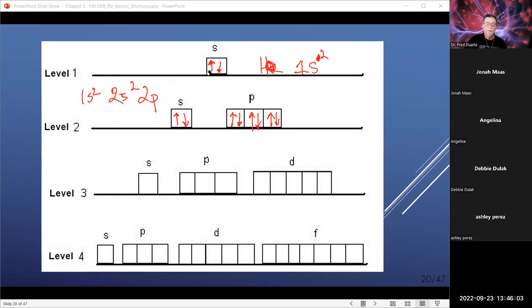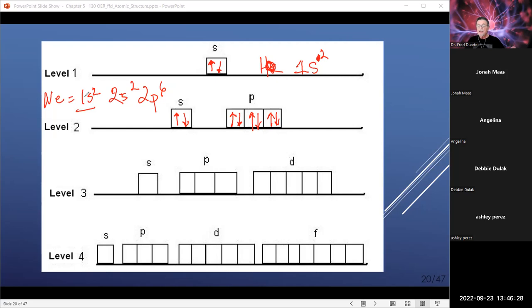And so now the electron configuration for neon would be 1s2, 2s2, 2p6. Neon is element number 10. It has 10 electrons. Of those 10 electrons, 2 of them occupy the innermost energy level in the s orbit, which is the 1s2.